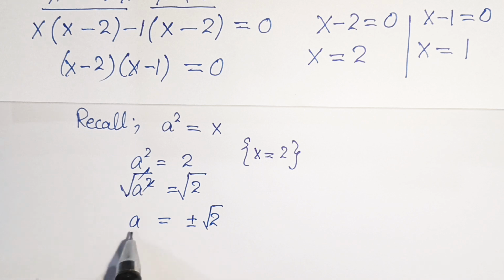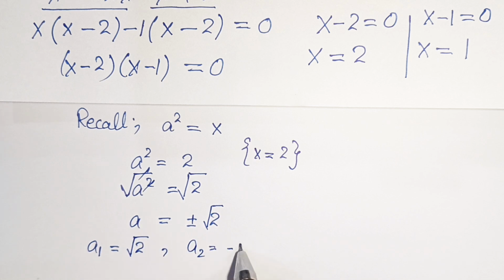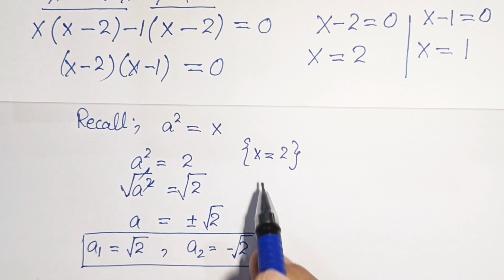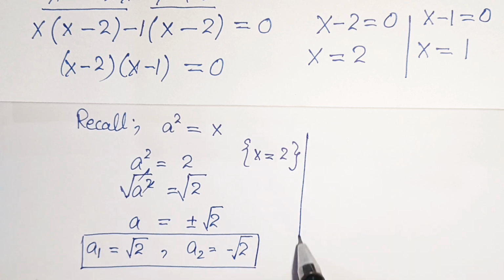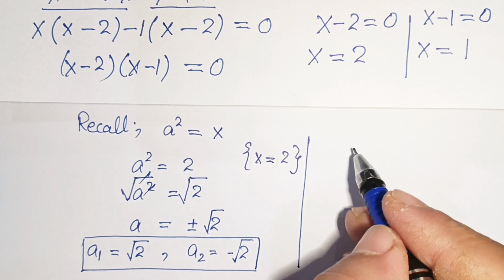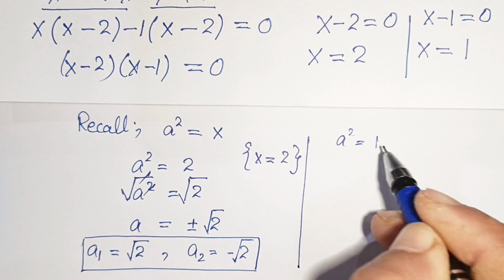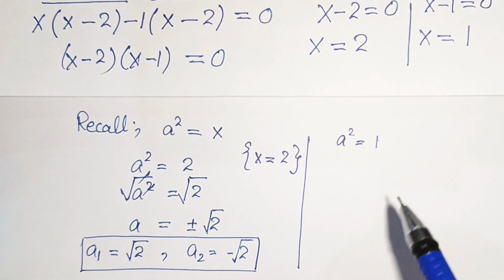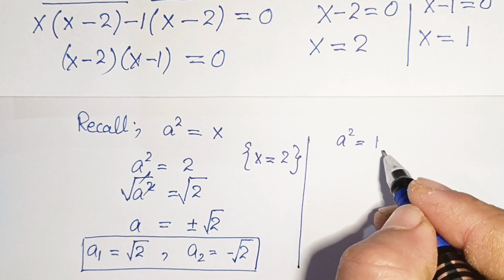Now here the two values of a are a1 is positive square root of 2 and a2 is negative square root of 2. Now we have two values of a when x is equal to 2, and similarly when x is equal to 1, then a squared is equal to 1.